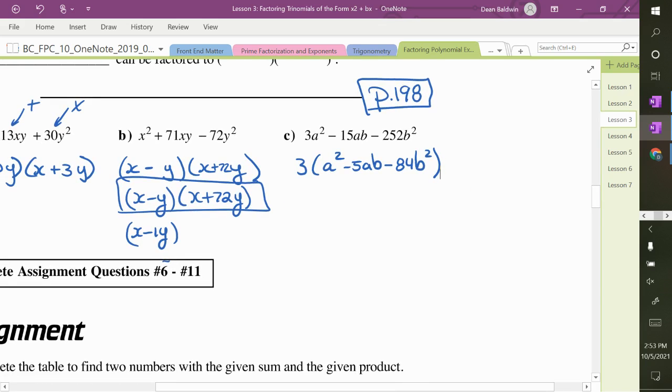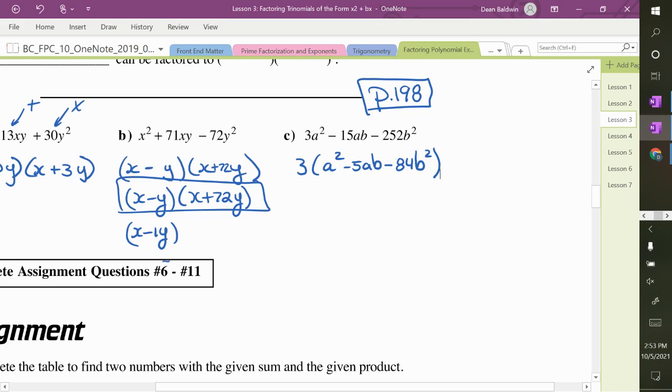All right. What multiplies to negative 84 and adds to negative 5? I got -7 and +5? That's what I thought. -7 times 5 is -35.